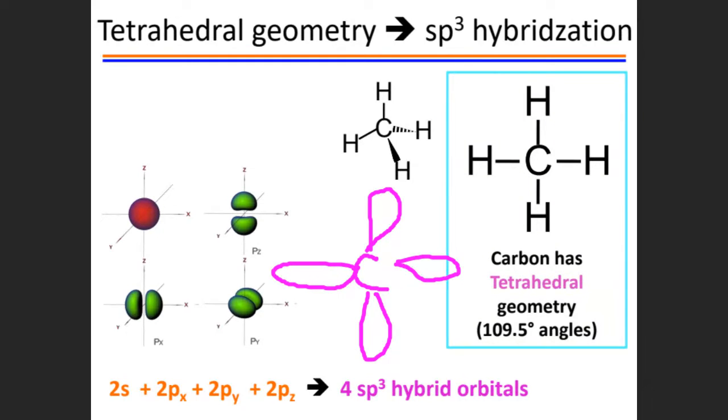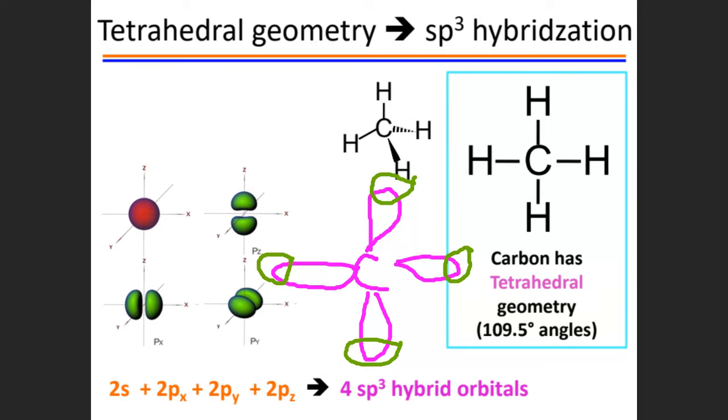We know hydrogen has only s, correct? So what happened? Let's change the color. The green one is hydrogen. So hydrogen will come here. This is called head-to-head overlap. That's the sigma bond they form. Sigma bond is more stable and stronger. These are the hydrogens, and these are the carbon hands or valence electrons.